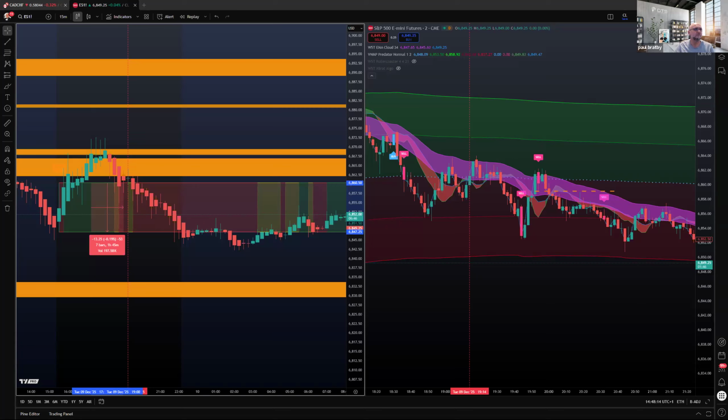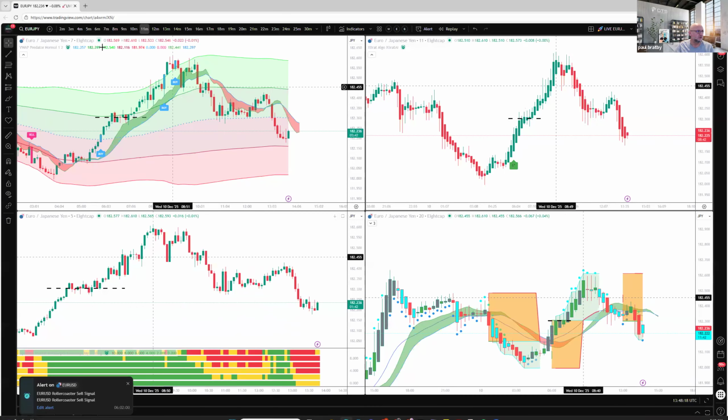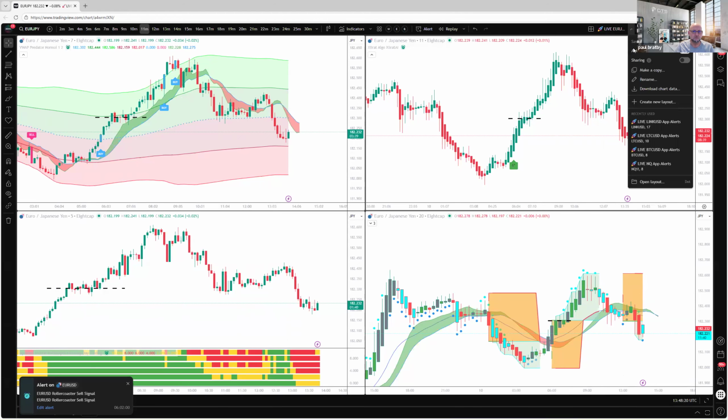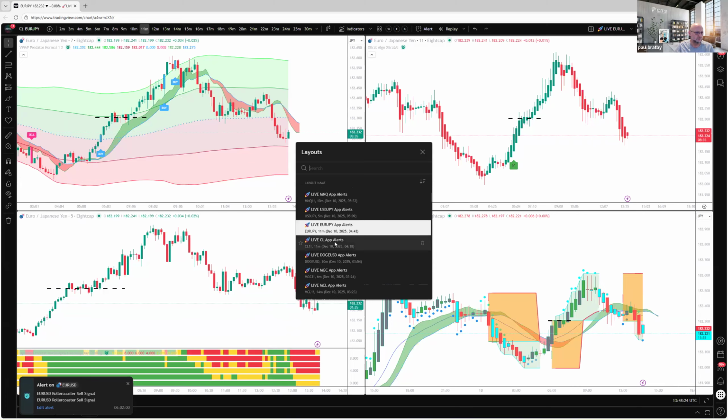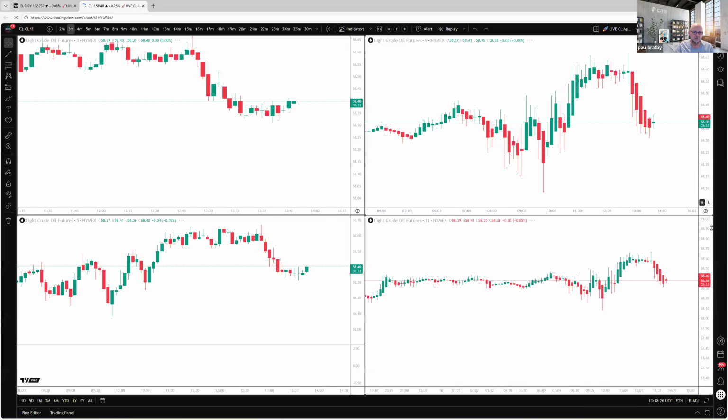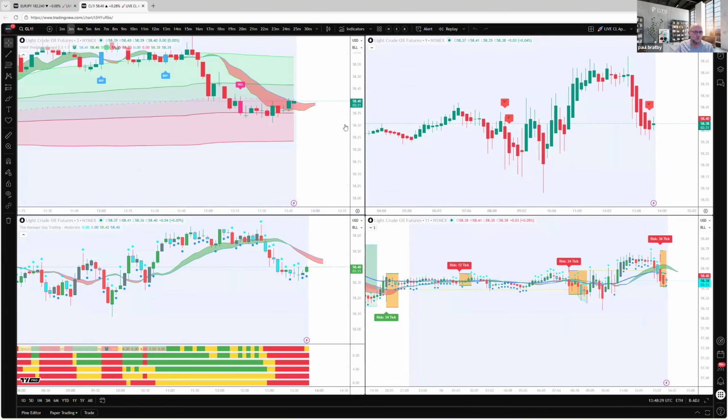58.30. Bear with me a second. 58.30. So I just want to look at my confluence. Okay, very small risk, actually worth the risk at 58.30.